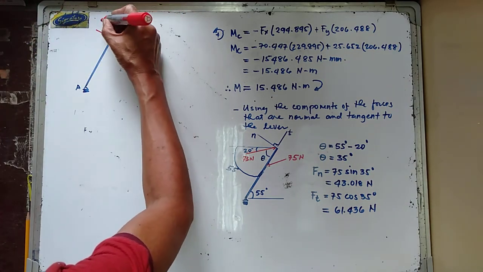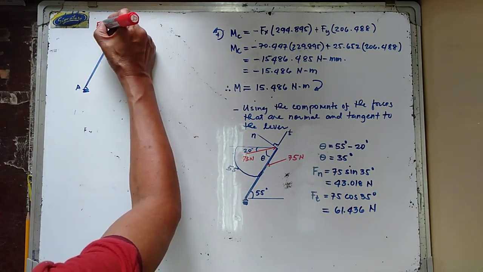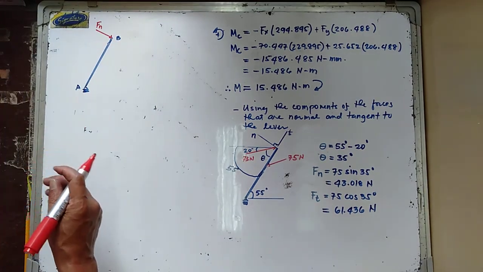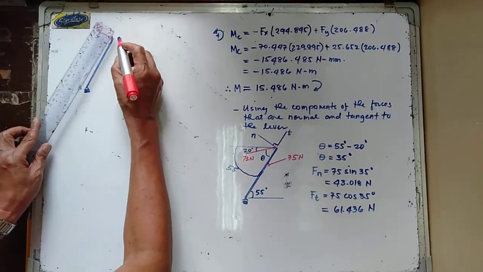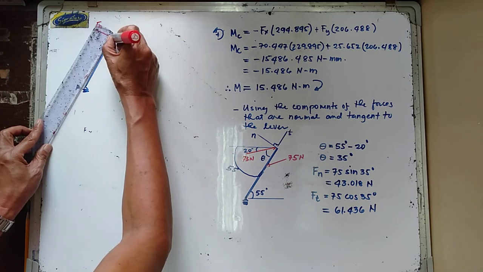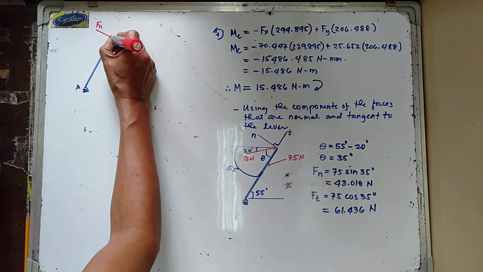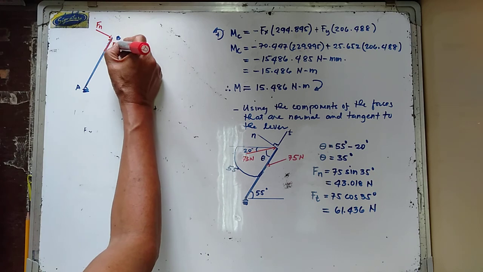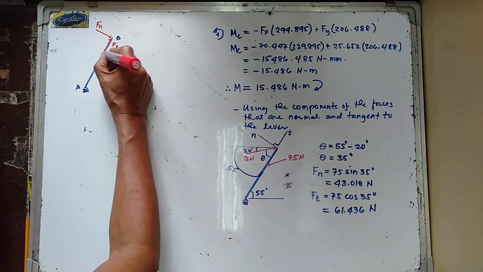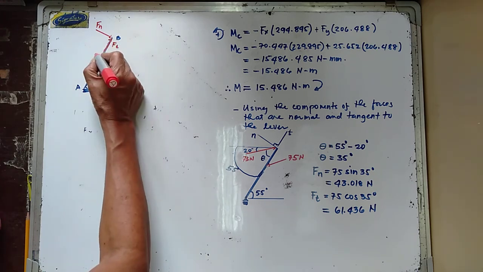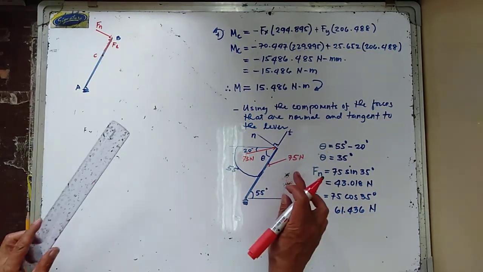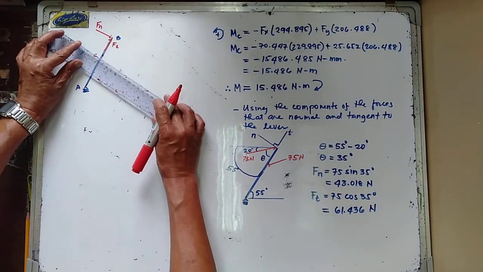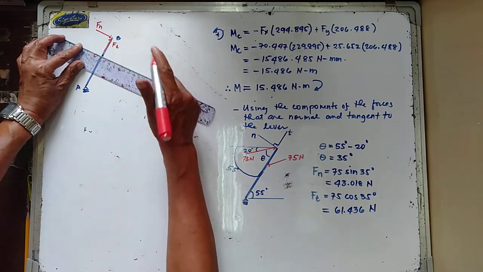So that is your Fn. And we have the tangent force, so we now have your Ft. And that is, we consider this before as point C. So we have your perpendicular, which is now your Fn.